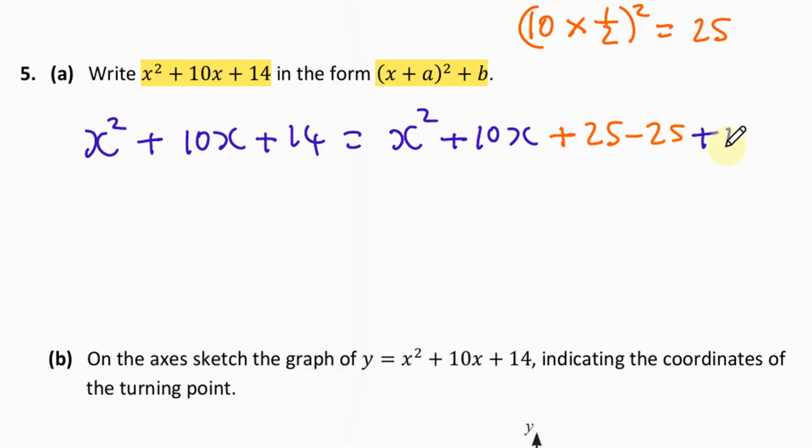So plus 14. The first three terms here will be a perfect square. So we're going to factorize it. The square root of the first term is x. Then we have a plus. And the square root of the third term here is 5. So x plus 5 all squared. We still have the negative 25 plus 14 here.